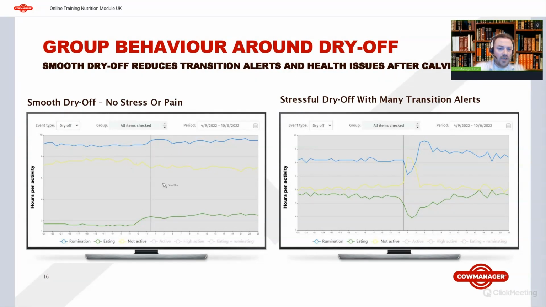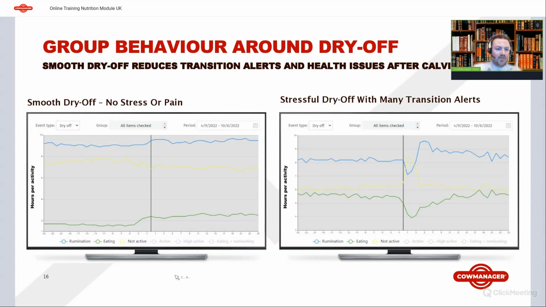So blue is rumination, yellow inactivity, and green is eating. Of course, we have more behavioral parameters, activity, high activity. You can also choose eating and rumination. I always start with these three because they already give me the most important information. And when in doubt, I also use activity and high activity, for instance.